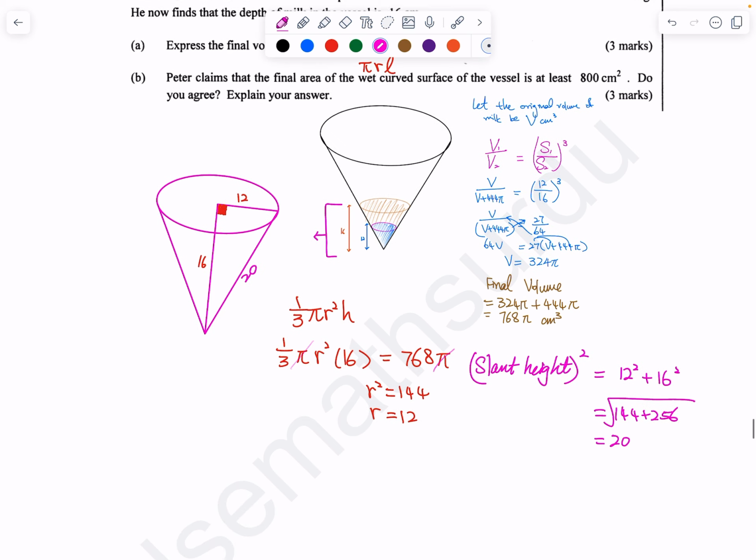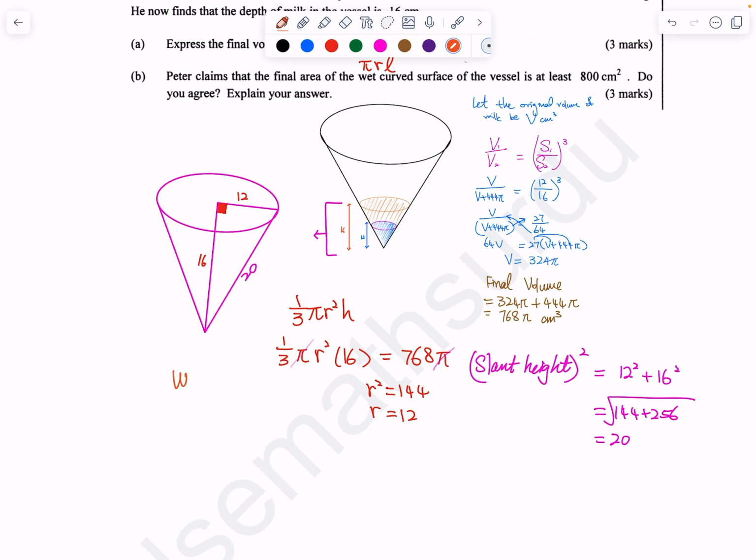So you click the whole thing: pi r l, and you find it to be 240 pi. 240 pi, click calculator, is 753.9822369 cm squared. It's less than 800.